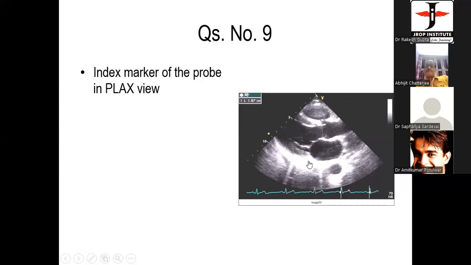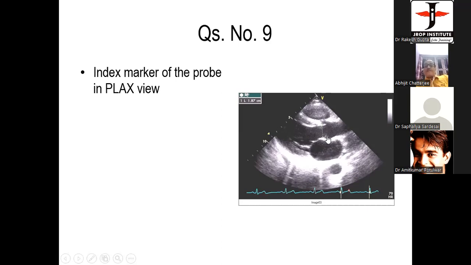Now, what are the leaflets of the aortic valve that you can see from this view? So this is the anterior leaflet, and that is the non-coronary and coronary. See, there are two coronary leaflets and one non-coronary leaflet. You have identified the non-coronary leaflet correctly.